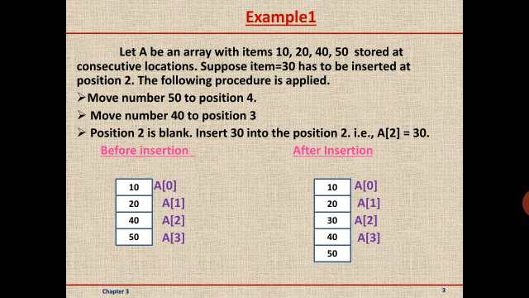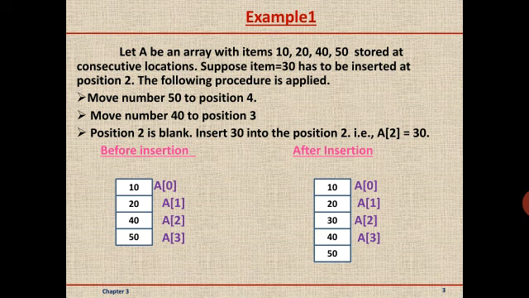Then what we have to do? First we have to move item 50's position to the next position, that is 4. See here, first diagram before insertion, how it is, and after insertion what will happen. So before insertion our item 50 is at position 3. So I have to shift that to the next position.